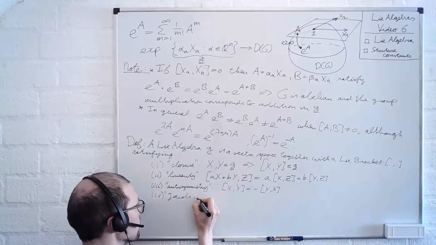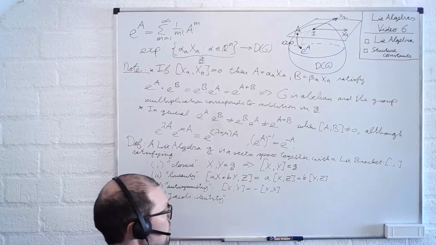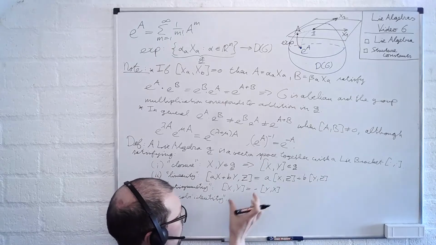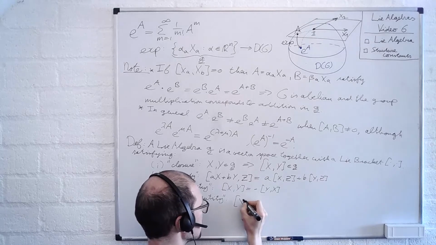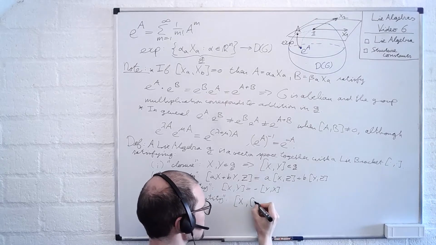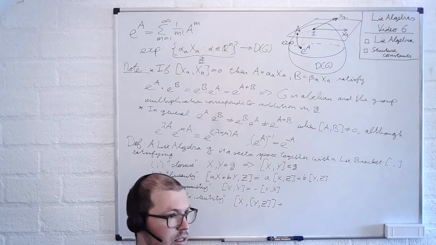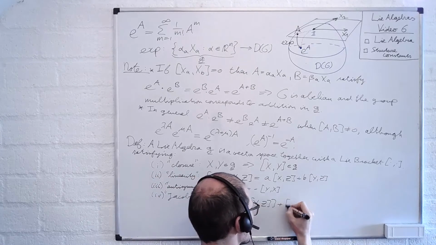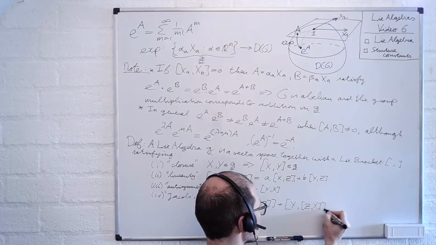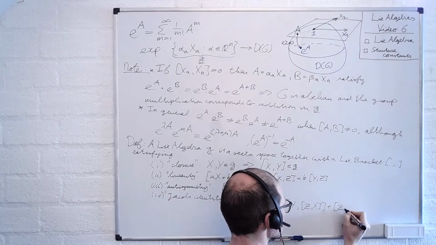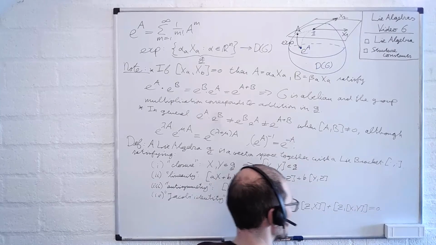And then finally, we require the Jacobi identity, which says something about the compatibility when I compose the Lie bracket twice. So I take three elements, x, y, and z. Then I look at the bracket of x with the bracket of y and z, and I add the cyclic permutations of x, y, and z: y with the bracket of z and x plus z with the bracket of x and y has to vanish.